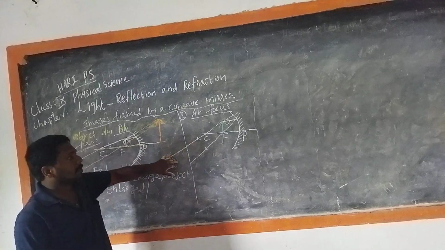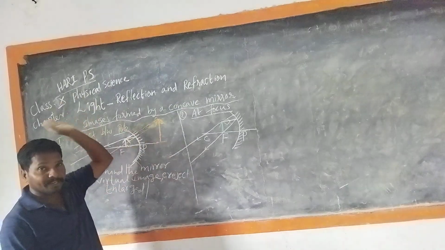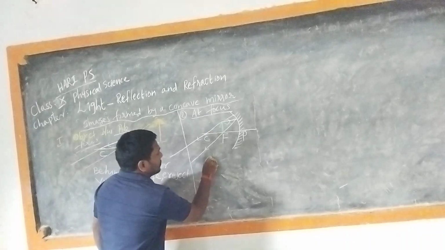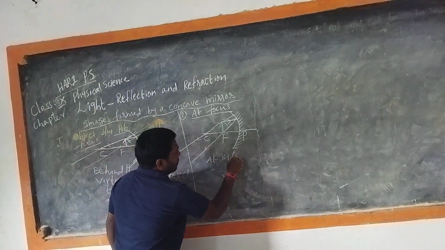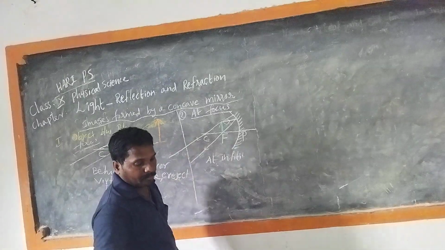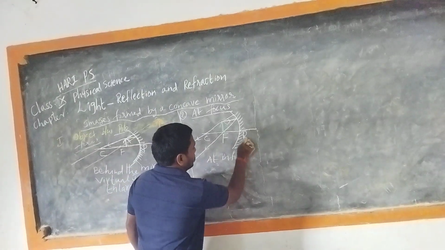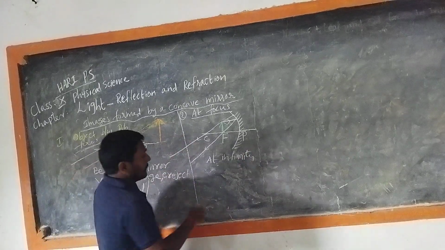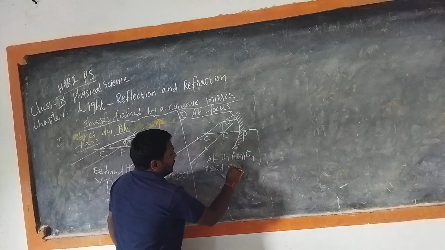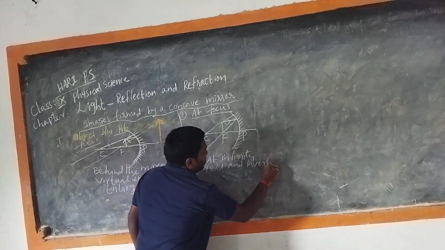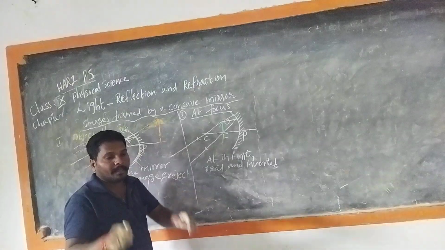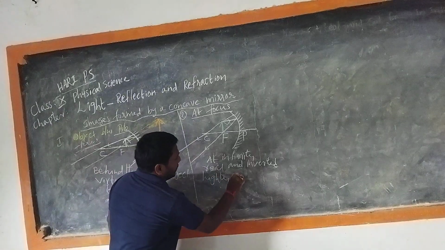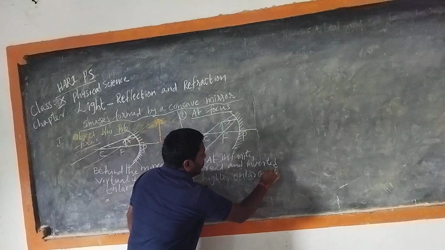These two are parallel. So the image is formed at infinity. Real and inverted image is formed.